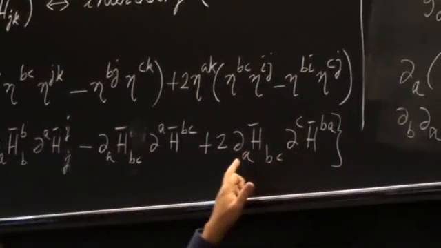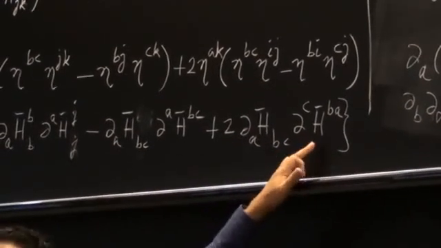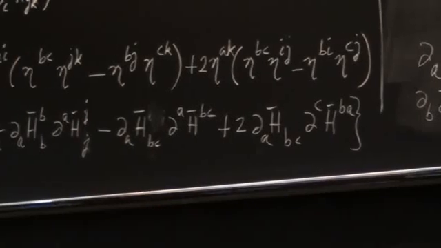So in this term, if I take a total divergence out, ∂_A will go and act on this, and once I have imposed that, I can throw away this term.